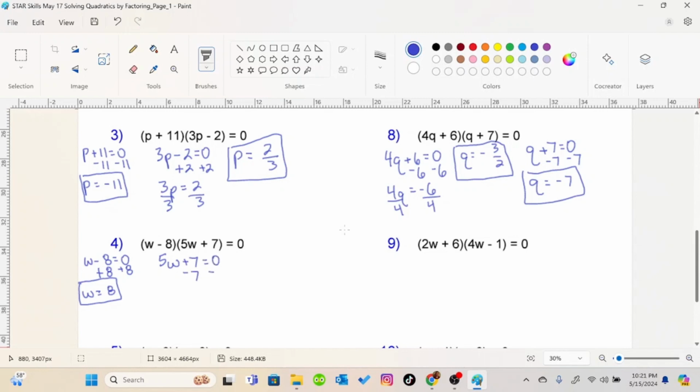We subtract 7 from both sides. We get 5w equals negative 7. And then we divide both sides by 5. And we get our second answer, w equals negative 7/5.